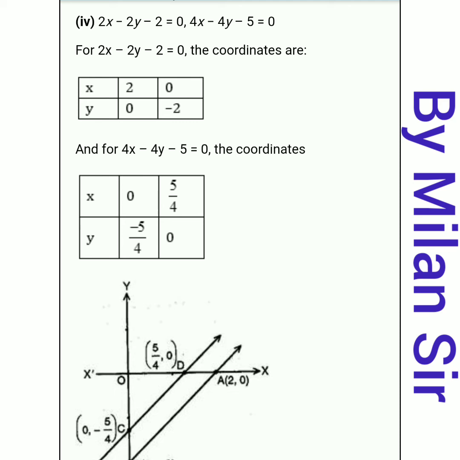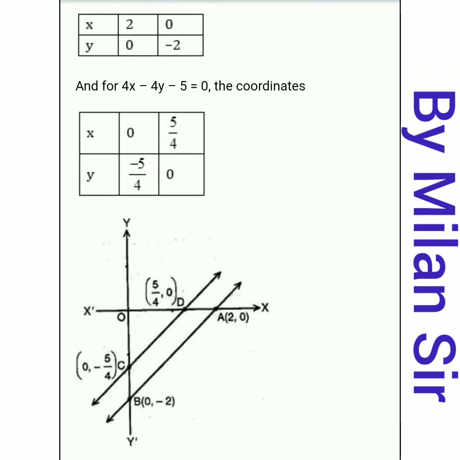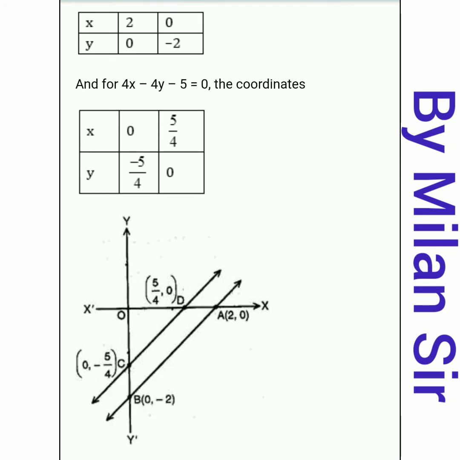Now plot these points on the graph. First of all, sorry, the points 2 0 are wrong. We have (0, minus 1) and (1, 0). First we plot (0, minus 1), which lies on the y-axis, maybe here.